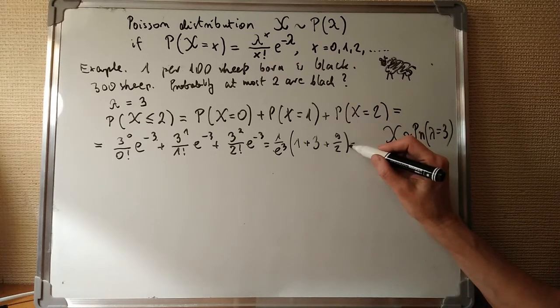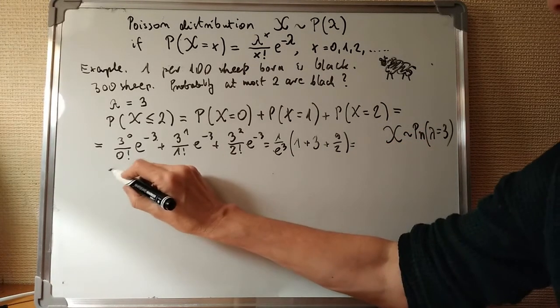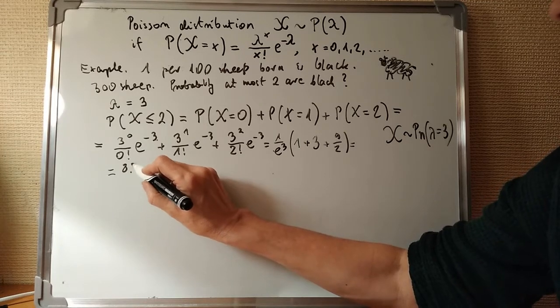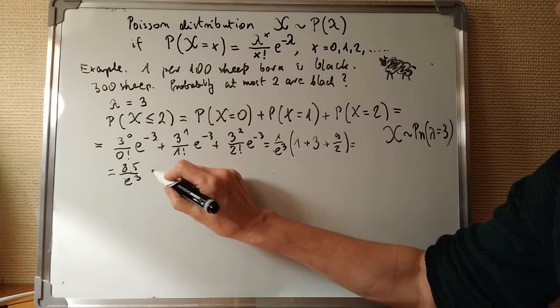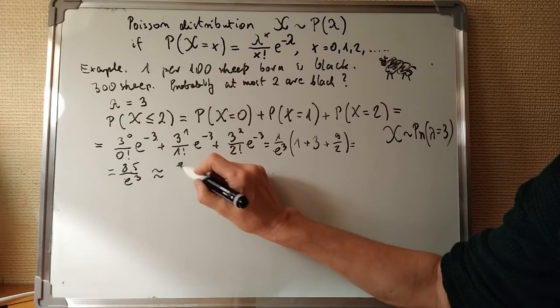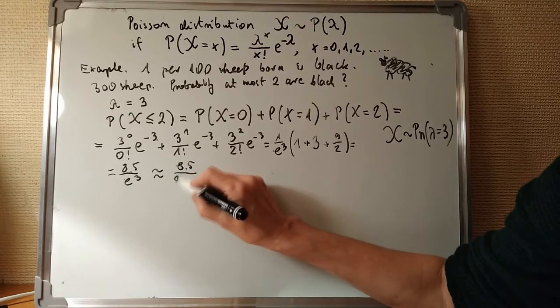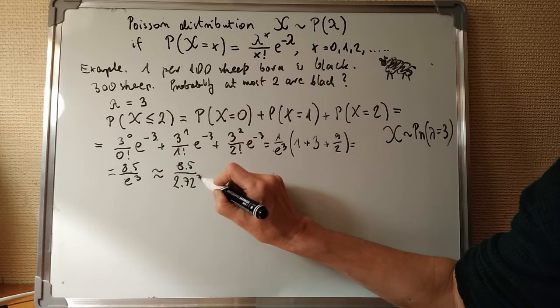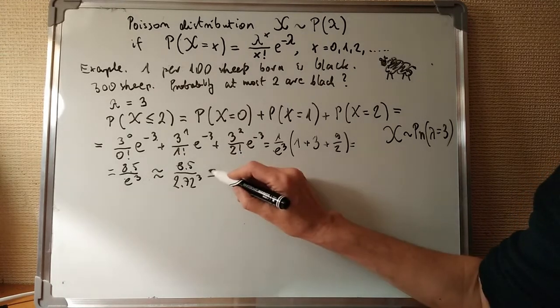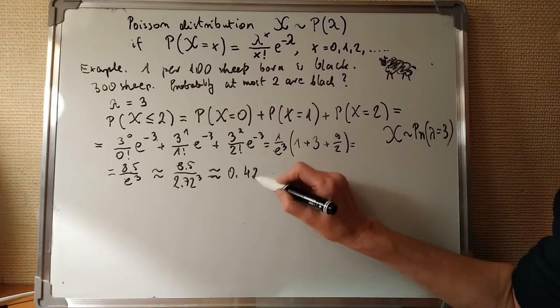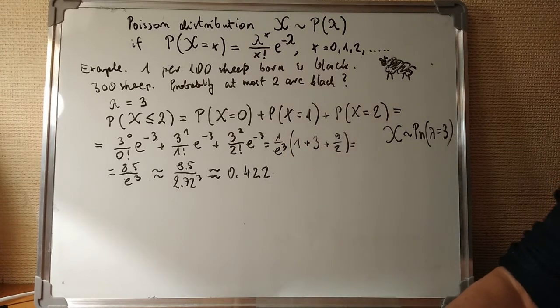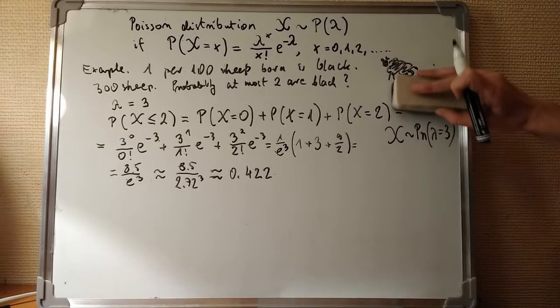So this is equal to 8.5 divided by e to power 3. So this is about 8.5 over 2.72 to power 3, and this is about 0.4232.